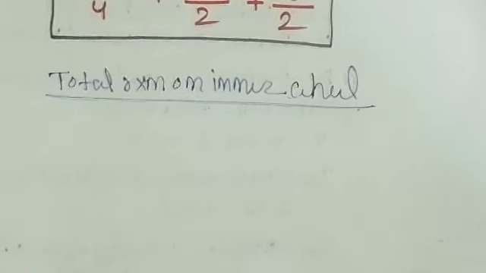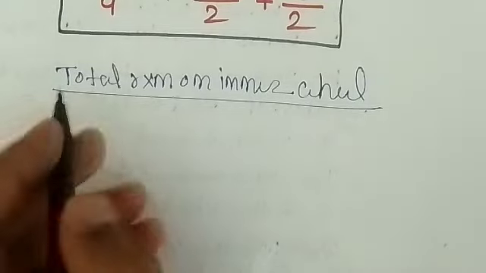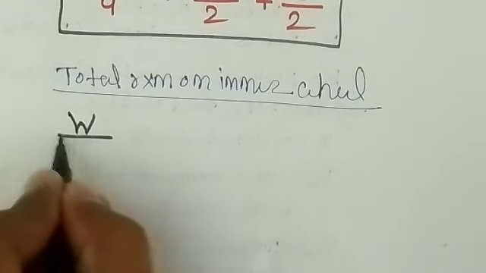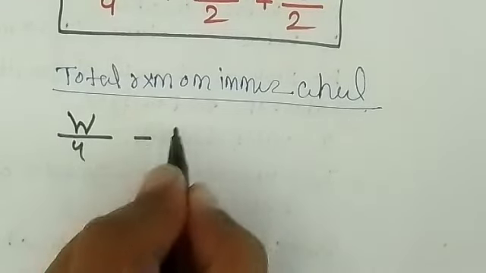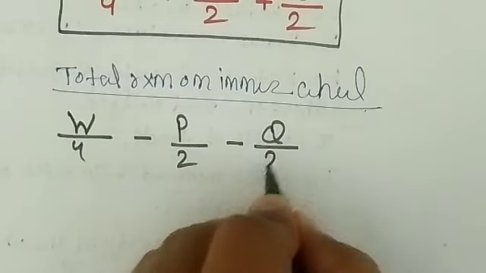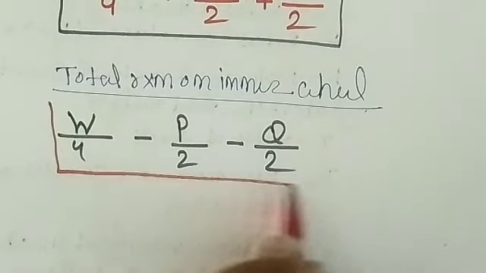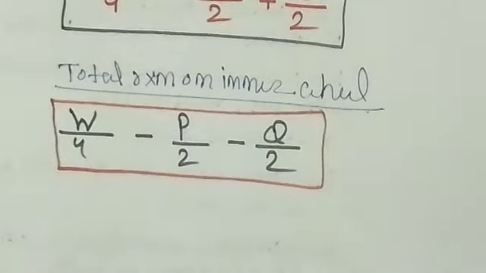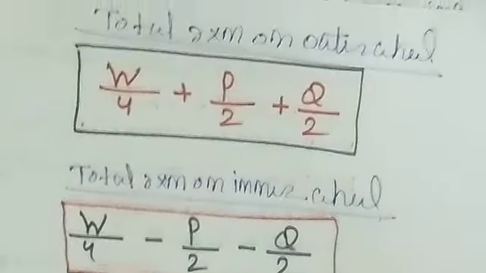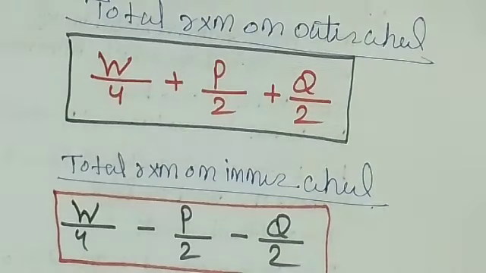So the total reaction on the inner wheel is W by 4 upward, so it is positive, P by 2 is downward, negative, and Q by 2 is also downward, negative. So this is the total reaction on the inner wheel, right? As the vehicle is taking a left turn, we got the reactions on the outer and inner wheel: W by 4, P by 2 and Q by 2.